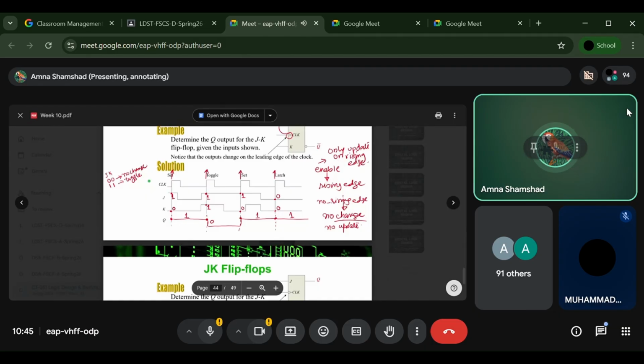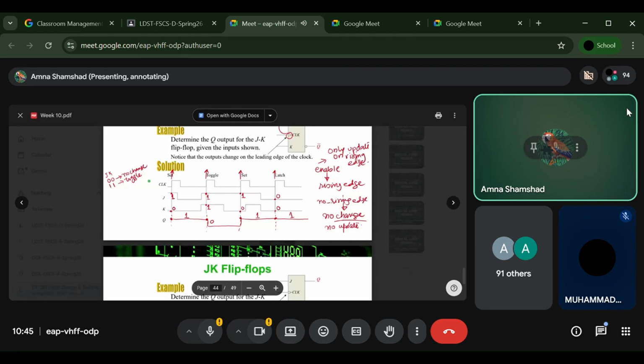This is showing 1, this is showing 0, this is 1, this is 0. Same is for the K input. The waves for J and K are given. Clock is given, J signal is given, K signal is given, means J and K inputs are given in the form of a wave, and you have to predict the output Q.